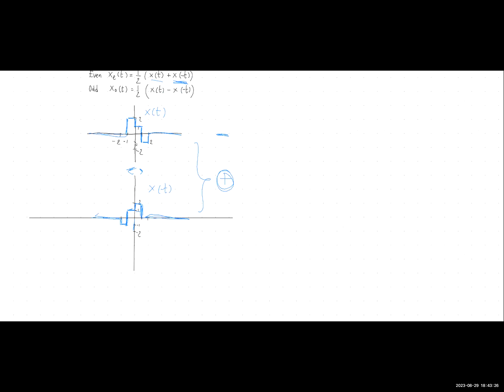So I'm going to draw a graph here, and one more line here. There is a trick that I like to use to see how I'm going to add this.